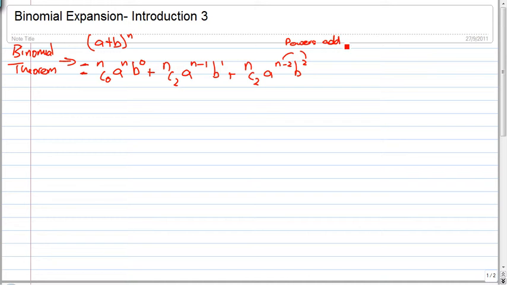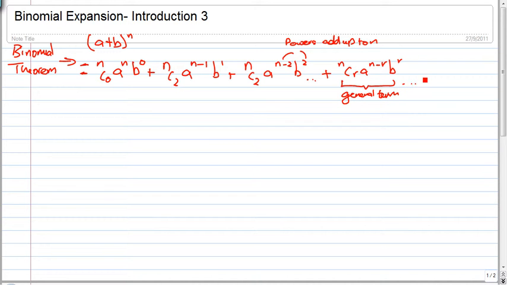And then basically the general term can be written as nCr a to the power n minus r, b to the power r. This is your general term.